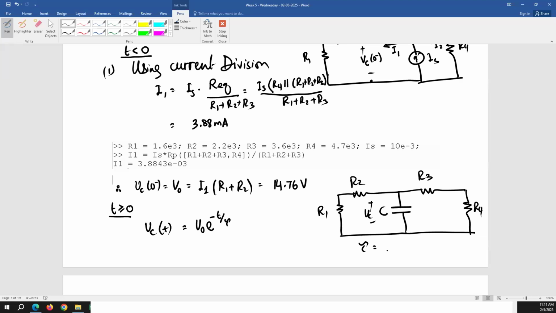So your equivalent resistance should be one resistor across the capacitor. So what will be the equivalent of those four resistors across the capacitor? Very good. R1 in series with R2 in parallel with R3 in series with R4. So that will be the equivalent resistance, R1 plus R2 in parallel with R3 plus R4, and that will be multiplied by the capacitor to calculate tau.